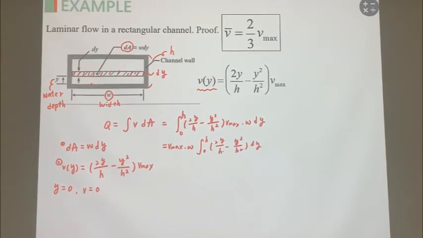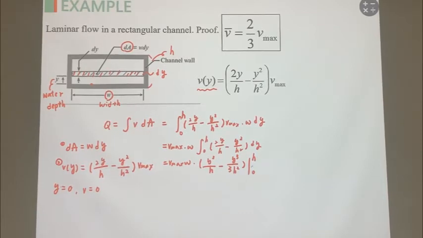So we simply integrate these functions of y. We have V maxima and W again, and we do the integration here: y squared divided by h minus y cubed divided by 3 h squared. Okay, and then the integration interval starts from 0 to h.